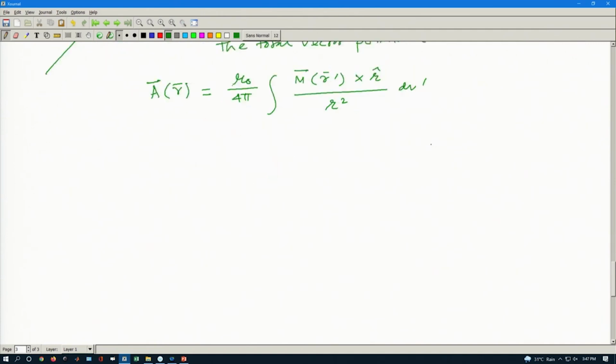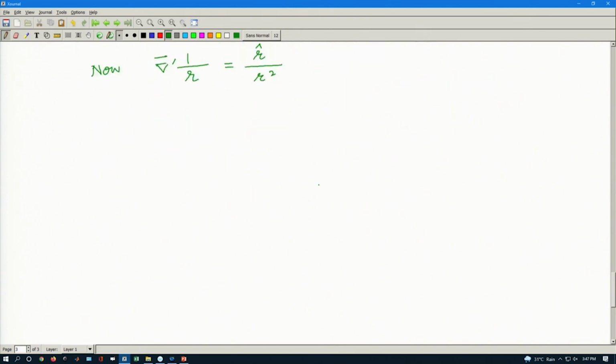Now, I can make use of, when curly r is r minus r prime according to our notation, the gradient of 1 by curly r is equal to unit vector curly r divided by curly r square. I am going to use that because I have a term unit vector r by r square.